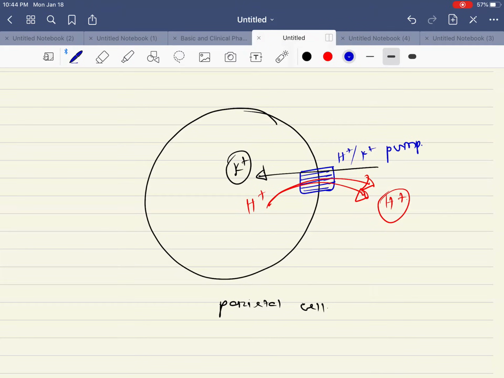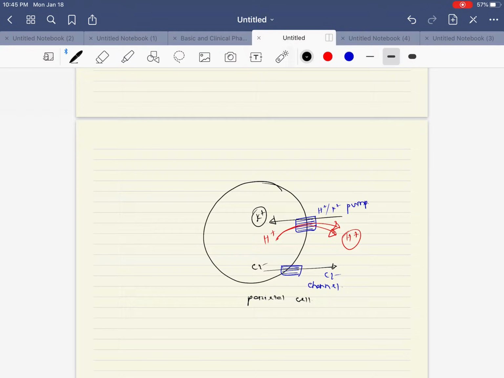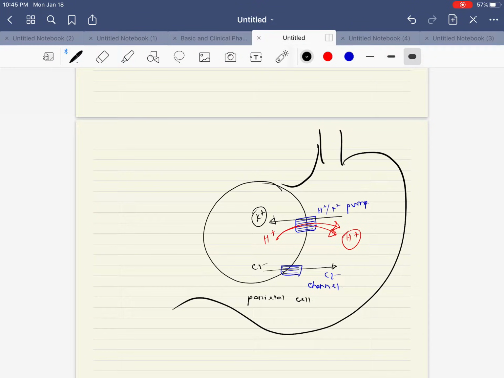In another way, there is also another channel. This is called the chloride channel, and through this channel chloride ion comes into the lumen. This is the gastric lumen. If I draw the whole picture, you can estimate it easily for better understanding.